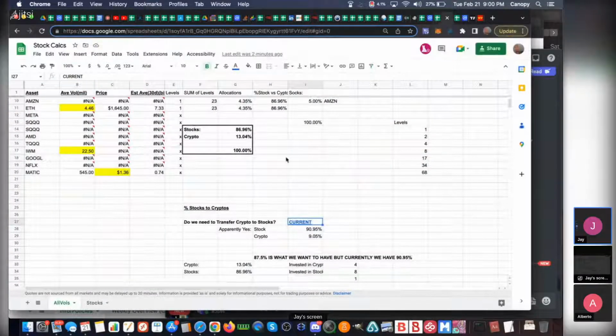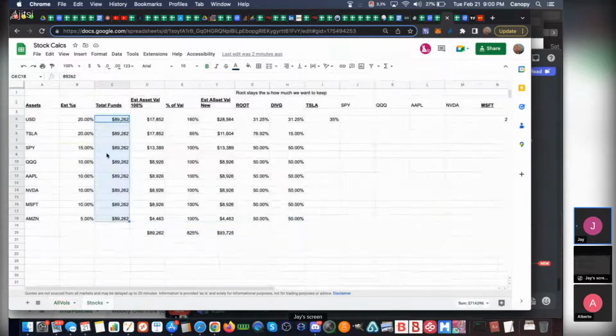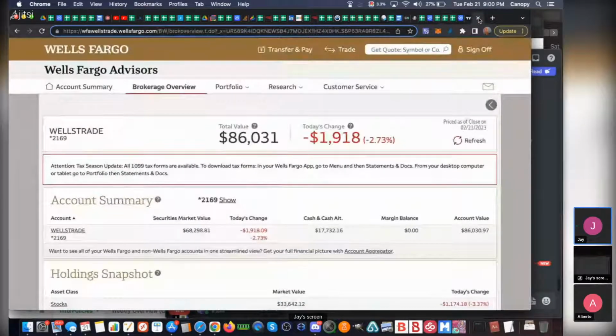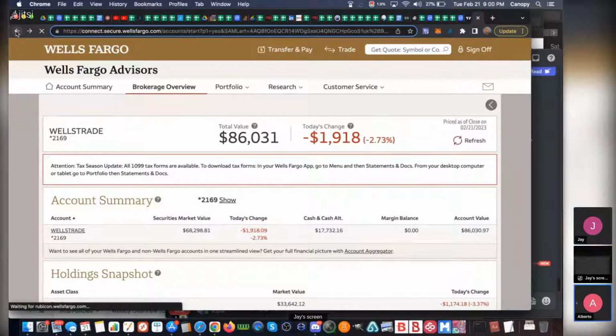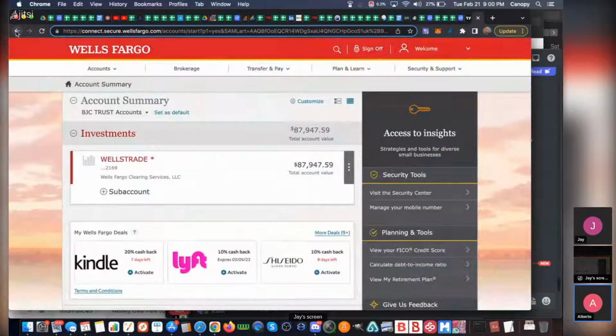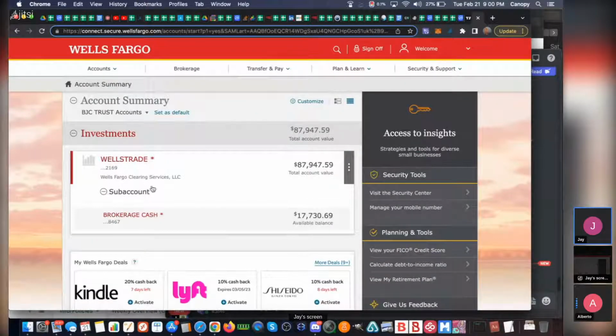So when we come into here, we just update this one number. So instead of 89, it would be 86,031. Why did it say 87? Oh, because there's cash. Wait. Yeah, that's the total with the cash. No, that doesn't make sense. I think it's just not updated.